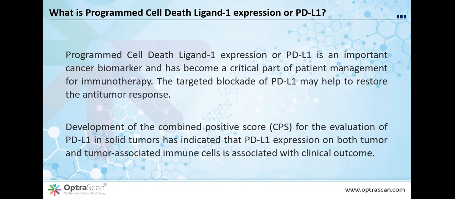PD-L1, of course, is one of the hot topics in pathology. It's almost impossible to be a cancer pathologist today and not to have learned something of PD-L1. In brief, PD-L1, programmed death-ligand, is an immune-depressing function that is upregulated in certain cancers.